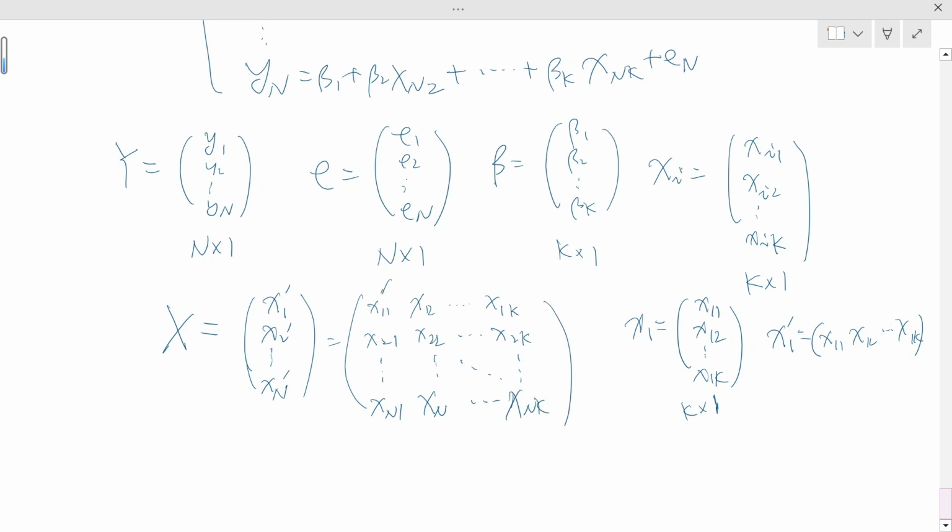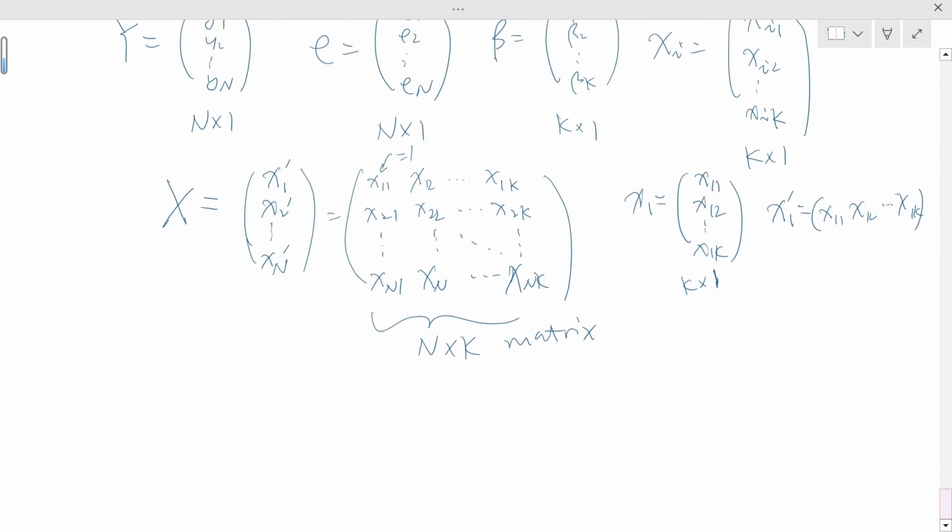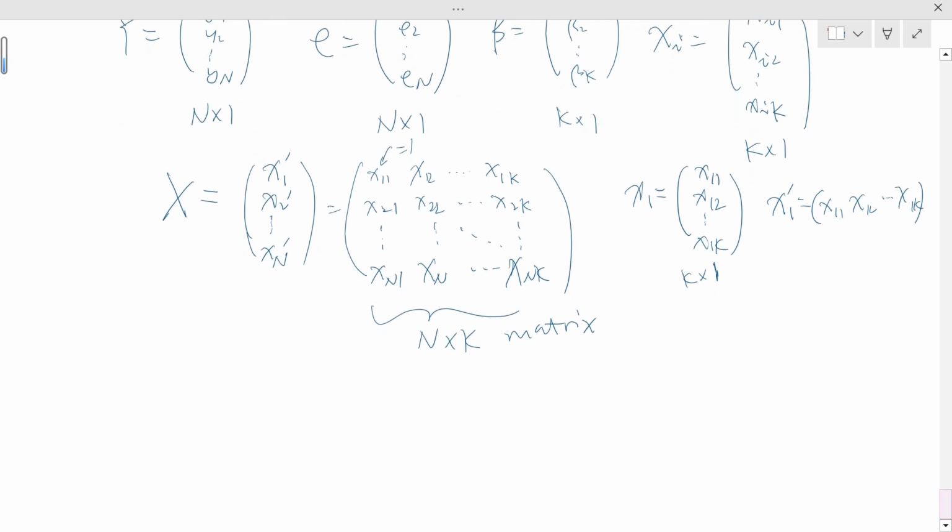Note that the first column is all equal to 1, which corresponds to our constant terms. And this is an n by k matrix. Given these quantities, we can now write our model more compactly as y is equal to X beta plus e.